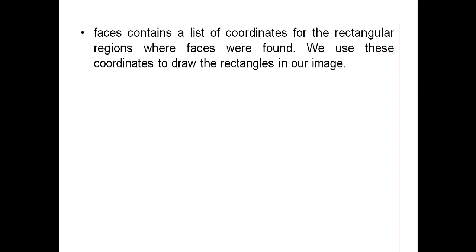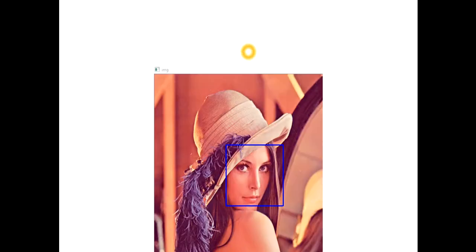Then faces contains a list of coordinates for the rectangular regions where faces were found. Do remember that we are working on the coordinates of the rectangular regions, and we use these coordinates to draw the rectangles in our image.